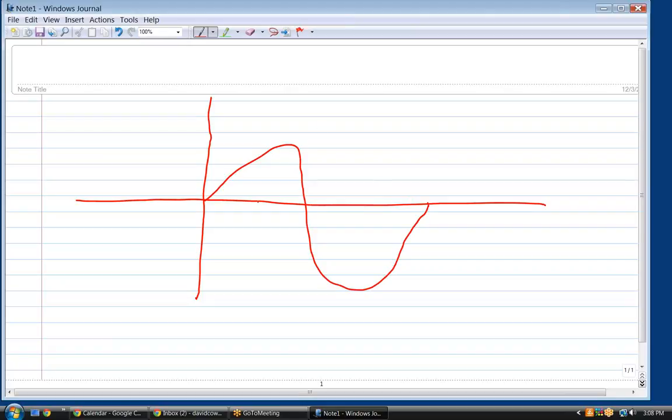Sine. And what are my 5 important points on the x-axis? 0, 90, 180, 270, 360. Very good. And what's that point? -1 and 1.